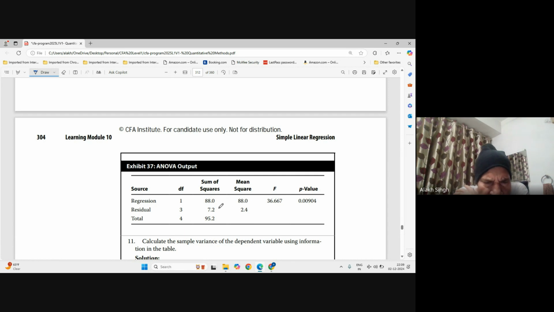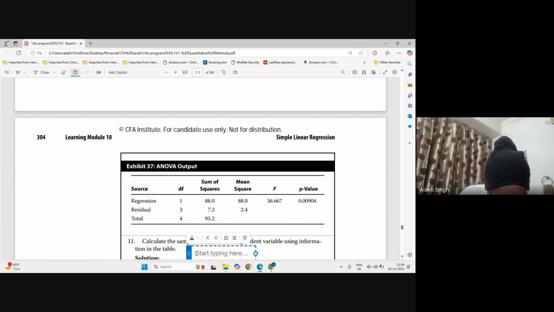So sample variance of the dependent variable means we have to calculate S squared, the sum of (yi minus y bar) whole squared, divided by 4. That will be our sample variance.